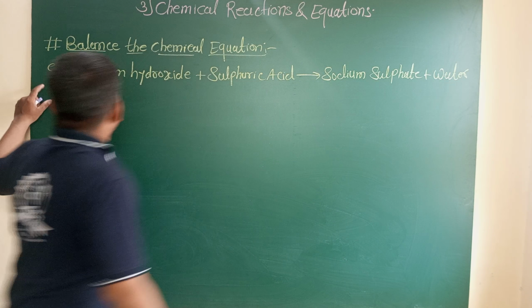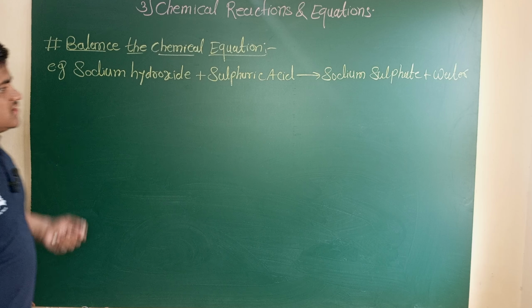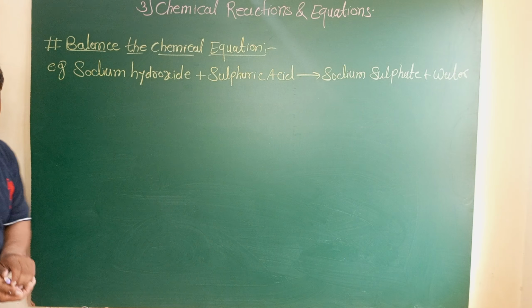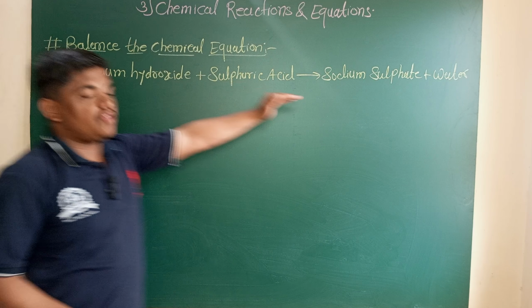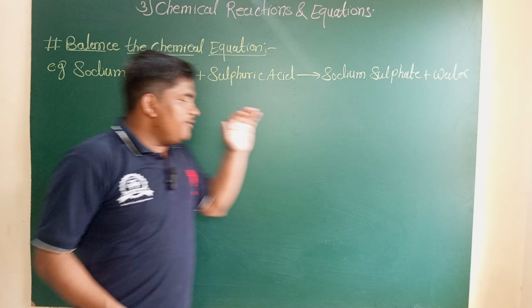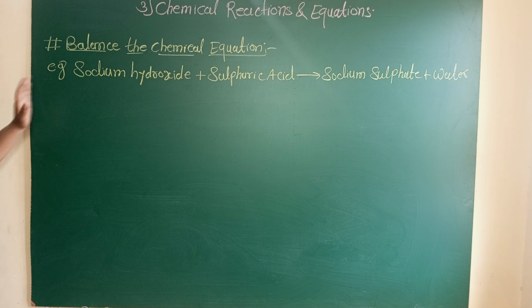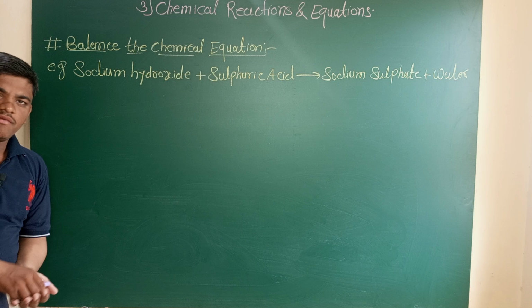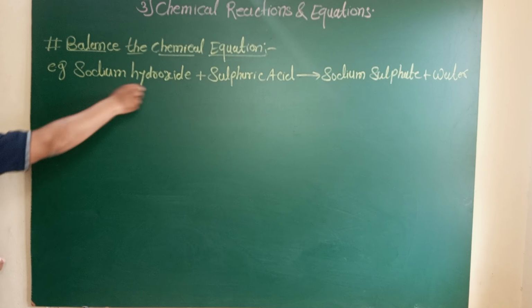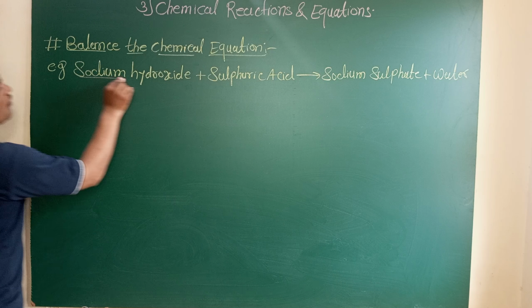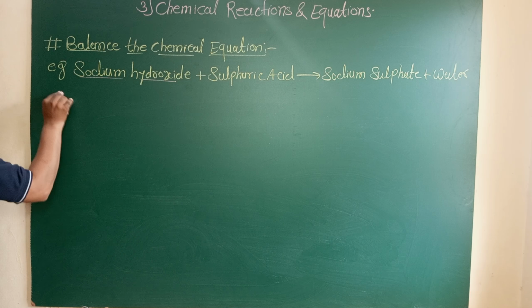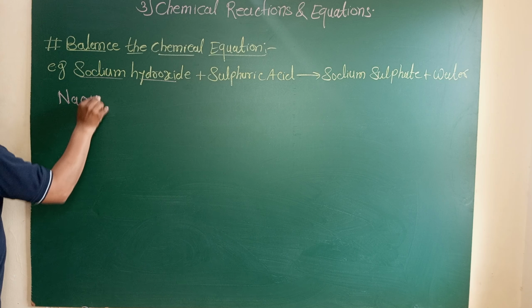In the first lecture, we discussed that when an equation is written in the form of words, it is known as a word equation. If I want to write this equation in symbolic or chemical form, it is a chemical equation. First, we write this equation in chemical form. The symbol of sodium hydroxide is NaOH.